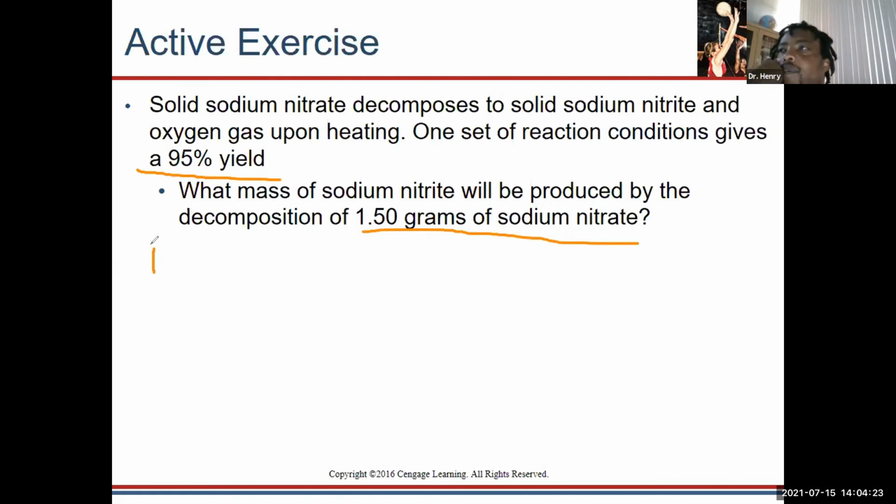Sodium is a group 1 metal, so Na. And nitrate?